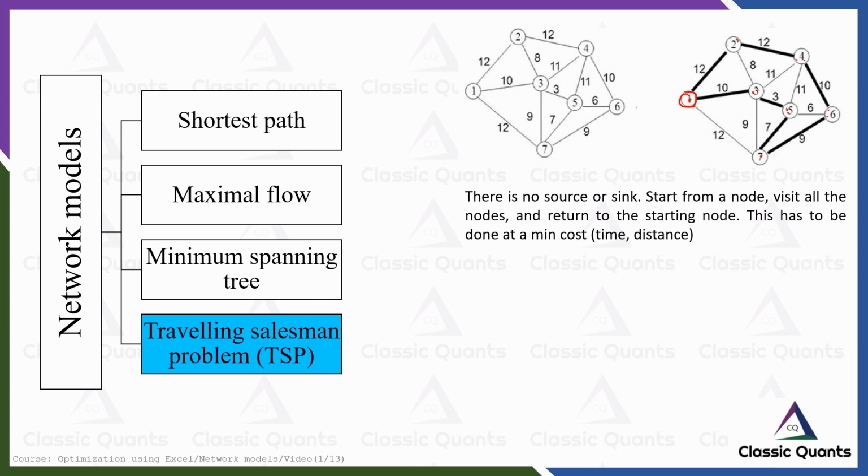That means a cyclic path, which leads to the conclusion that every node will have only one inlet and one outlet, one entry and one exit specifically, which is not true for spanning tree networks.